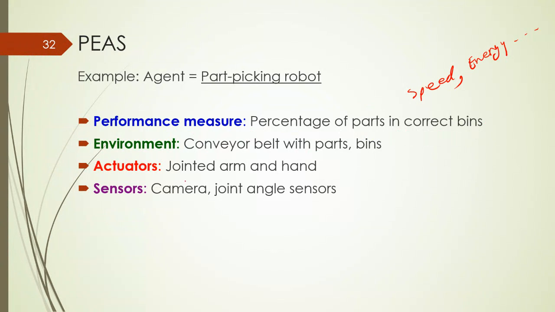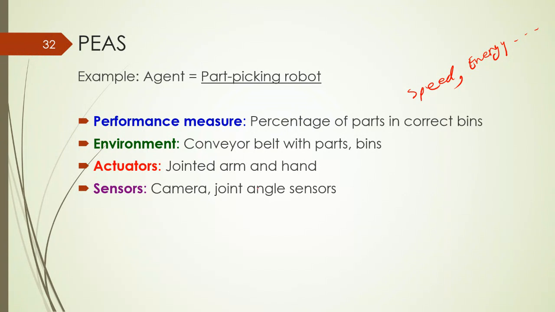to this robot. Actuators: joints, arm, hand, gripper, and it might have other components as well. It wants to turn on a light, turn off a light, have an audio input or not, different inputs.